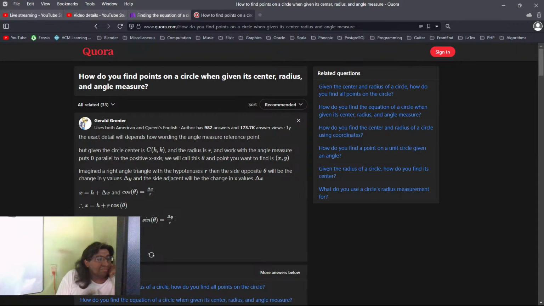Imagine a right triangle with hypotenuse R. The side opposite theta will be the change in y values, delta y, and the side adjacent will be the change in x values, delta x.